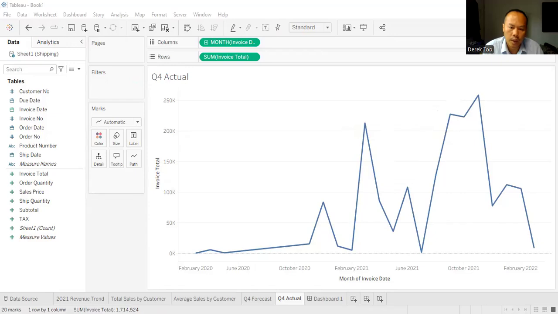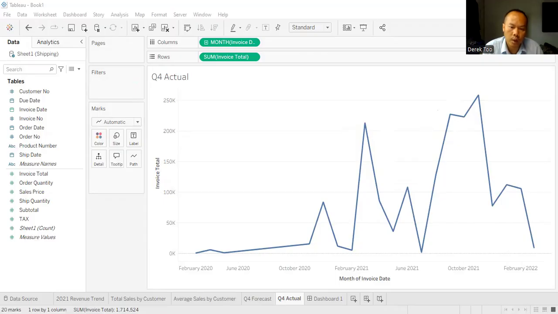So when the question asks what the inherent weaknesses are, the first is that there's a large deviation between the actual and the forecast, which represents a lack of accuracy and consistency. The second weakness is a lack of responsiveness to trend.